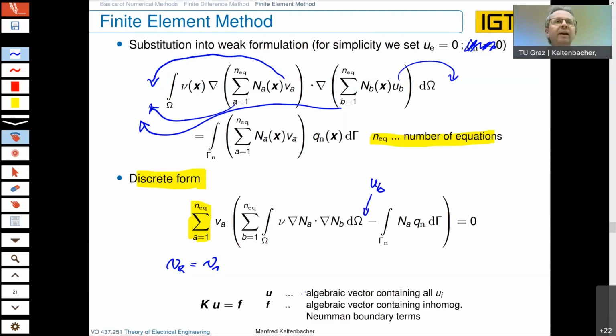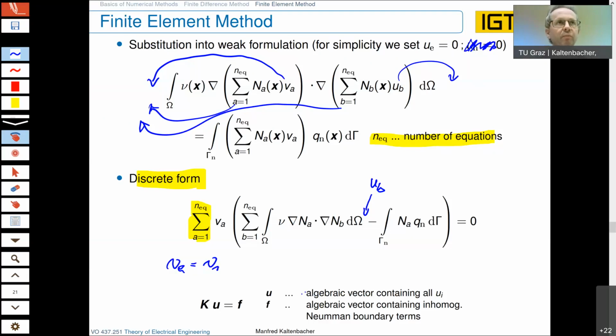Okay, so for all the UPs, your unknowns, you get one equation. You fix the test function coefficient VA to V1, and then you can divide by V1. And then you fix VA to V2 for the next node, and you get again an equation, and so on. You can always divide by this coefficient of the test function.